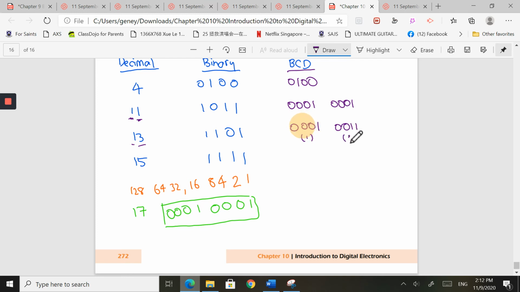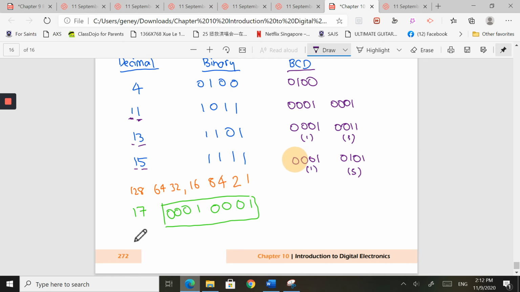So if I place them side by side, the BCD of 13 is 0001 to represent the 1, 0011 to represent the 3. 15 is 0001 to represent the 1. To represent the 5, I need 0101. So this represents the 1, this represents the 5.